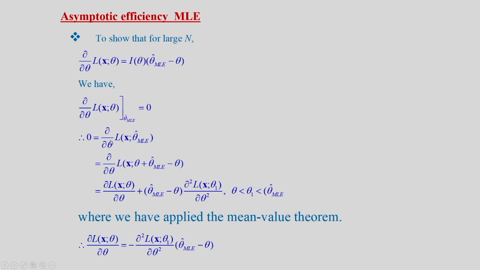Now, since the left hand side is 0, if we take it to the other side, we can write del L del theta is equal to minus del 2L del theta square into theta hat MLE minus theta. So, we got one expression like this.